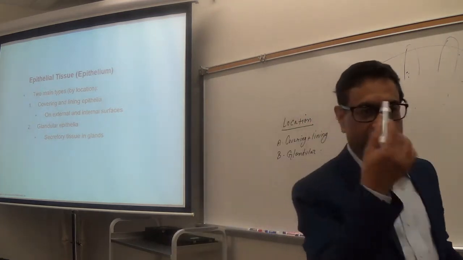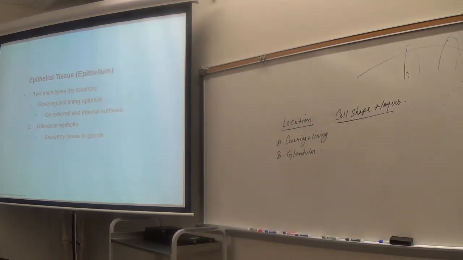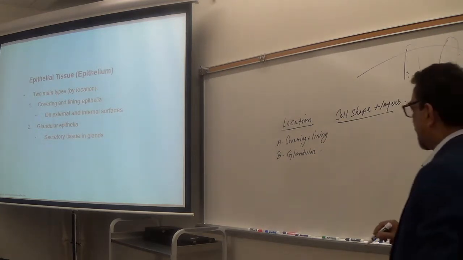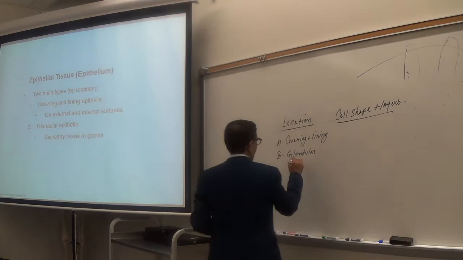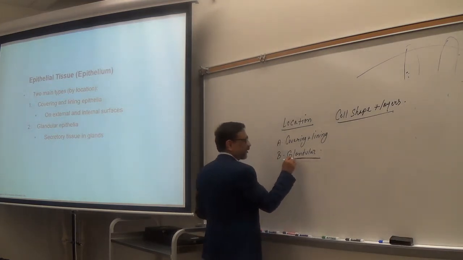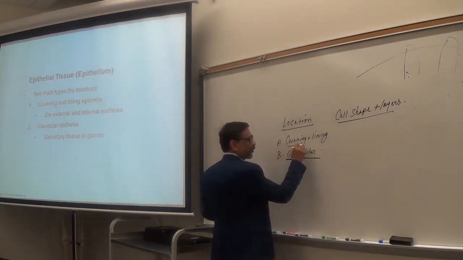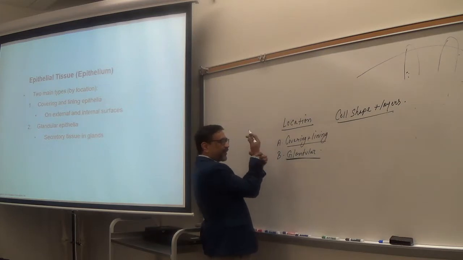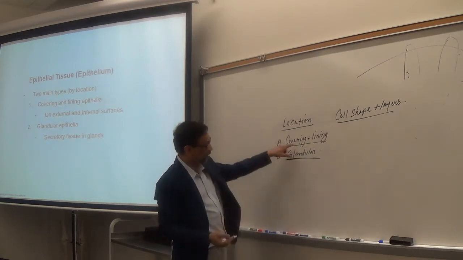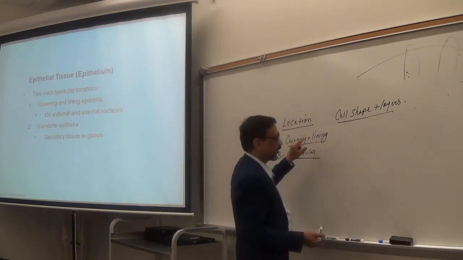In the covering of the body, inner lining, as well as inside the glands. So those epithelial tissue are present inside the gland. Those are glandular. Those form the covering, skin surface, and inner lining of tube-like hollow organs. Those are covering and lining epithelium.